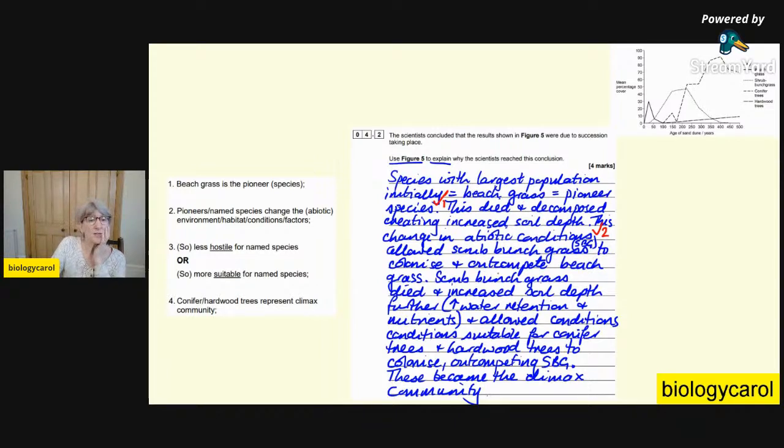It's only because I happened to use the word suitable that I got mark point 3. I could have so easily missed that. And I got mark point 4, as I would have expected, for naming the climax community.